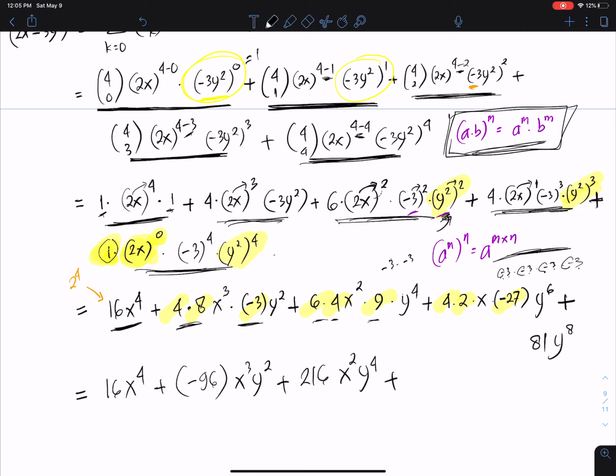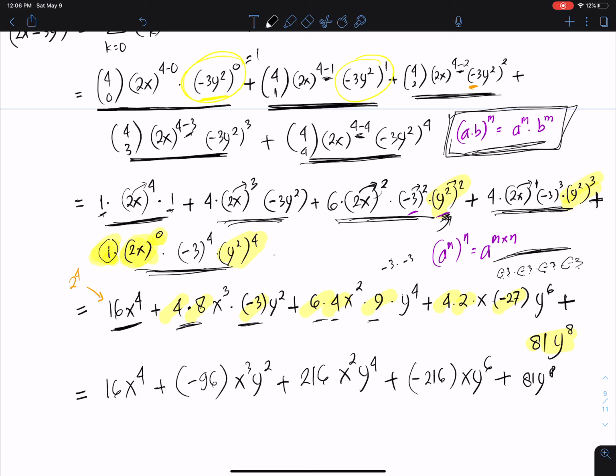I will get 216, but negative, because of minus 27, so negative 216. And then x y^6, and then plus last is this term, which is 81 y^8.